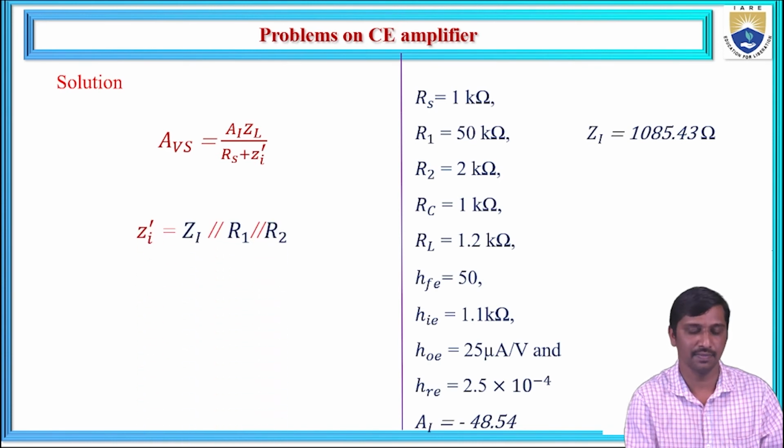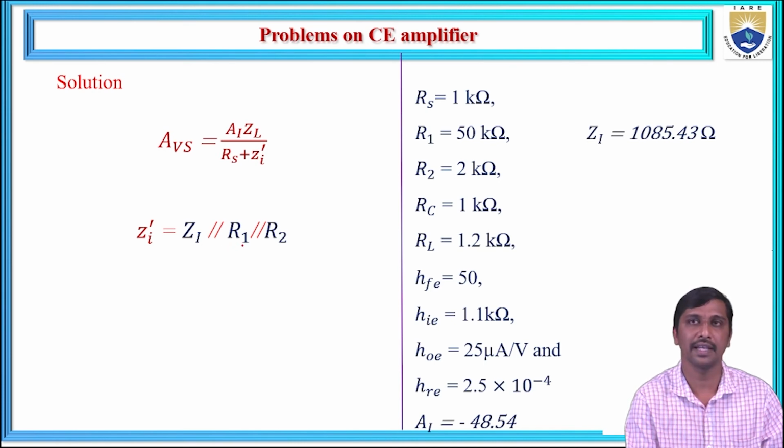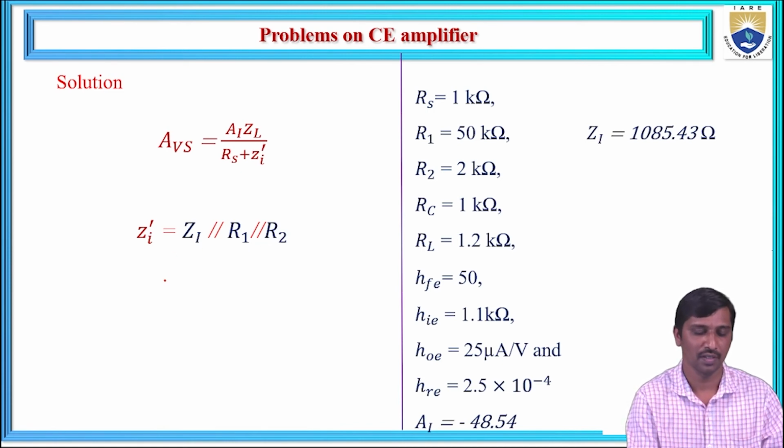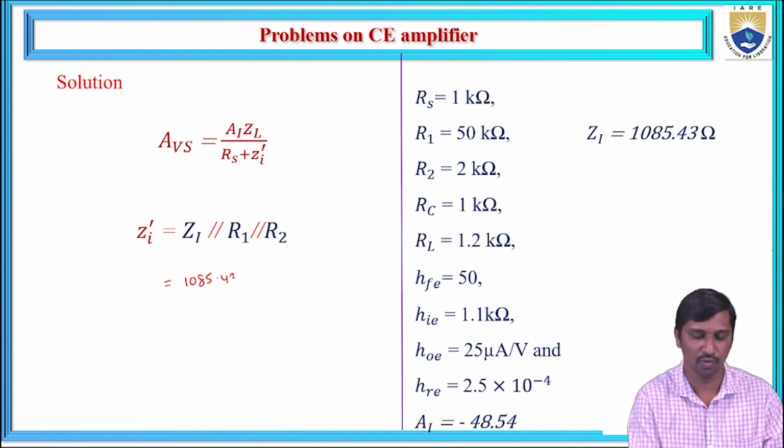Here ZI dash is a parallel combination, because there is a voltage divider network. Hence ZI along with the external resistance RB, and RB is nothing but the parallel combination of R1 and R2. Hence the total input impedance, along with the internal and external resistances, is represented as ZI dash is equal to ZI parallel with R1 parallel with R2.